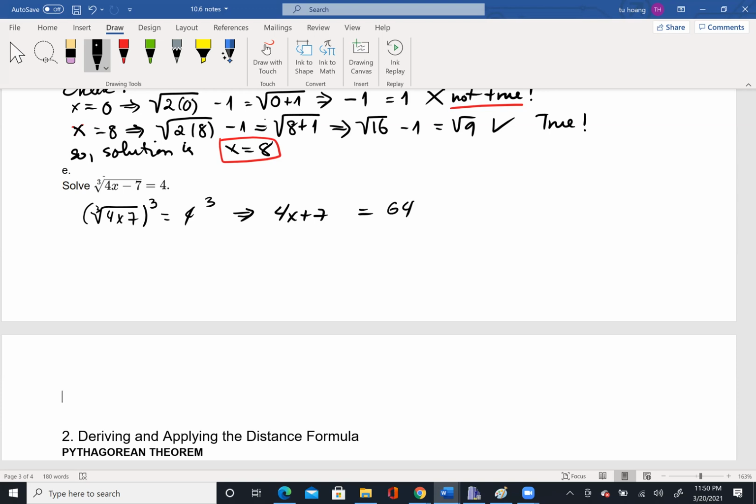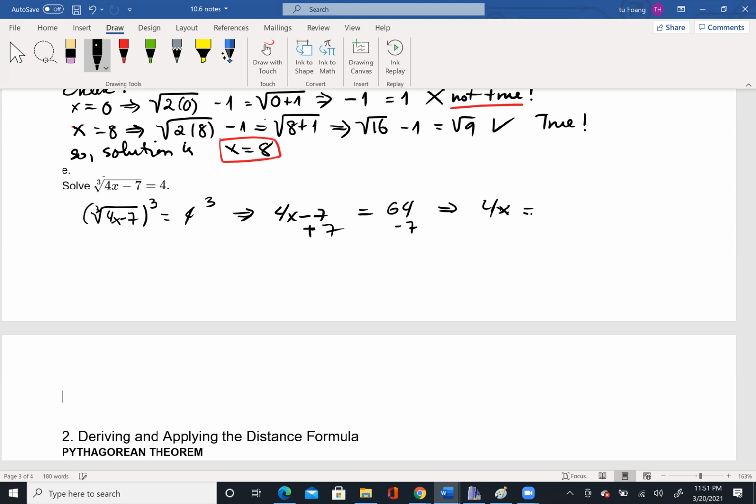I make a mistake here. It is 4x minus 7, so this one is minus 7.